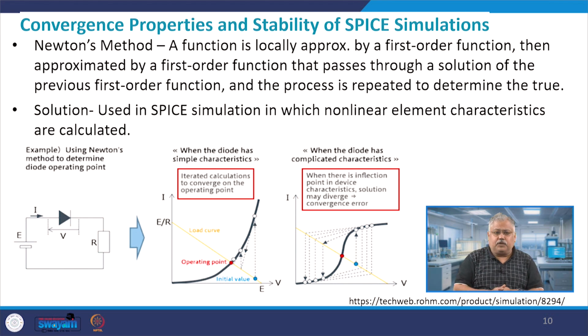Now, many a times internally, if you have a differential equation and we need to solve it, the methodology used to solve a differential equation is the Newton method, typically also referred to as the Newton-Raphson method or NR technique, and it is used for first order functions.